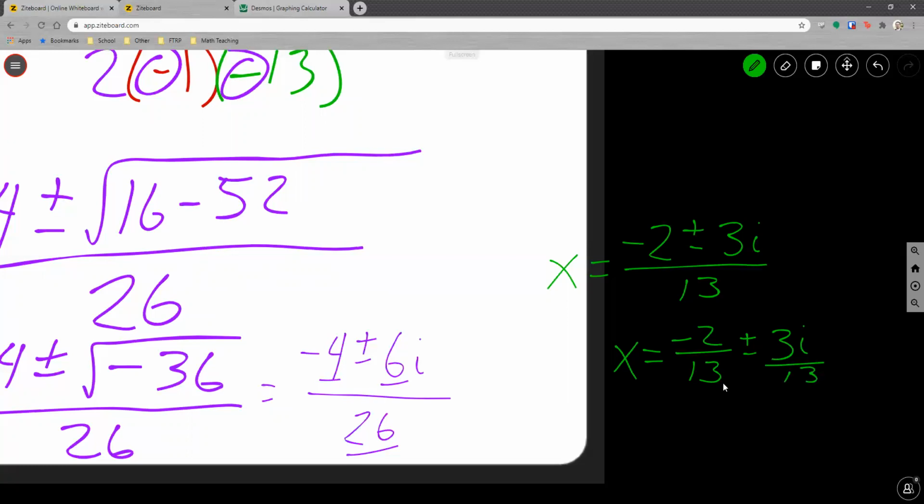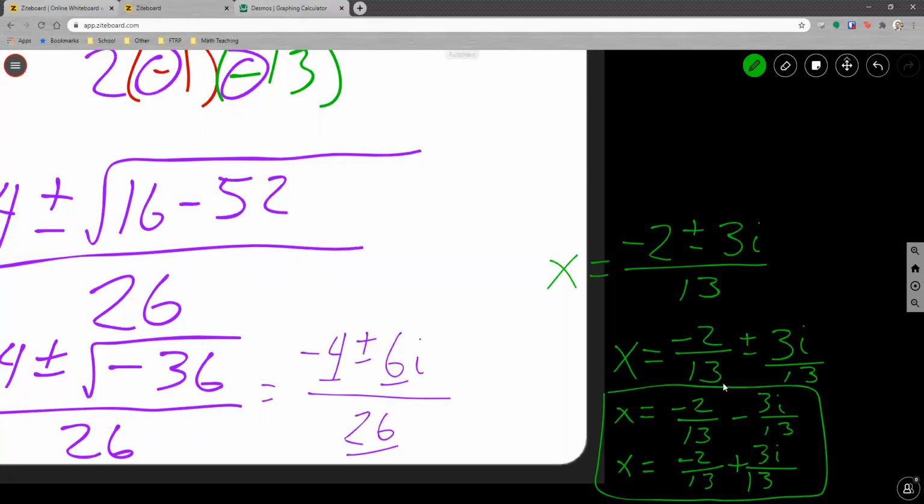And if I wanted to break it down into individual roots, I'd have x equals -2 13ths minus 3i over 13, and x equals -2 13ths plus 3i over 13. And that would be my answer.